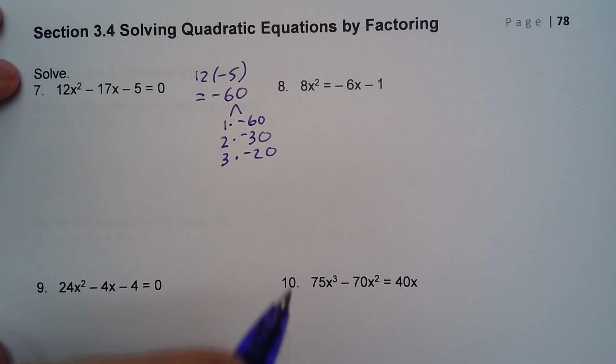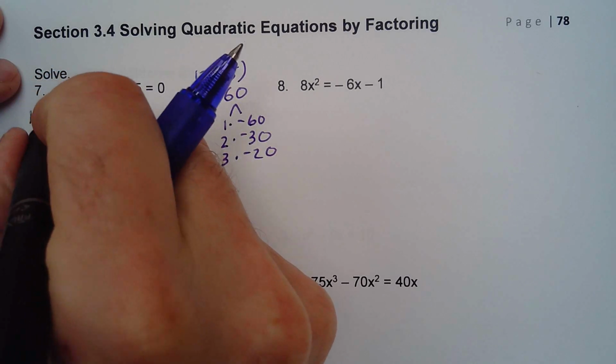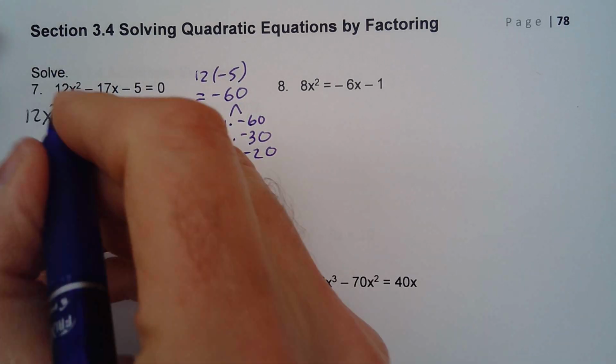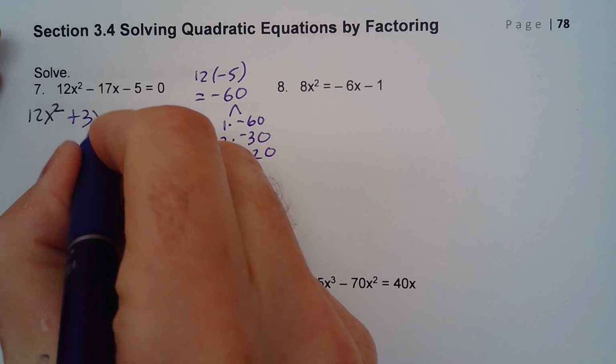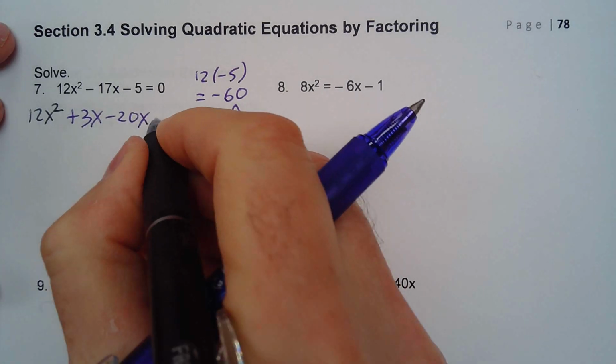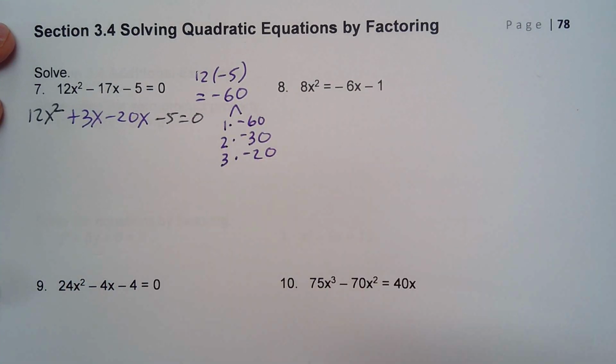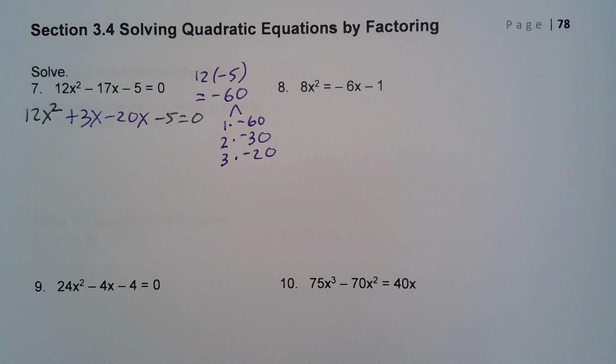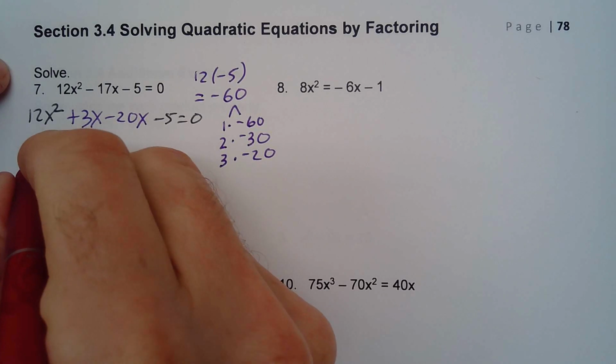So now I'm going to go ahead and rewrite this as 12x squared plus 3x minus 20x minus 5 equals 0. Let's do our factor by grouping. Looking at the first two terms, they have a 3x in common.